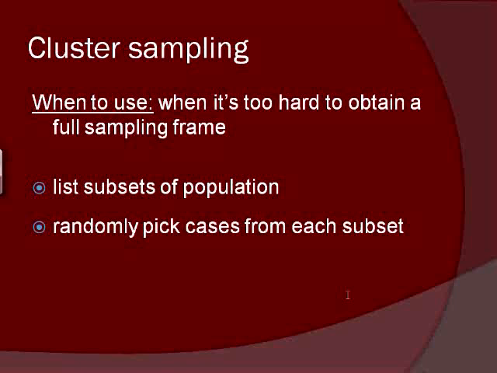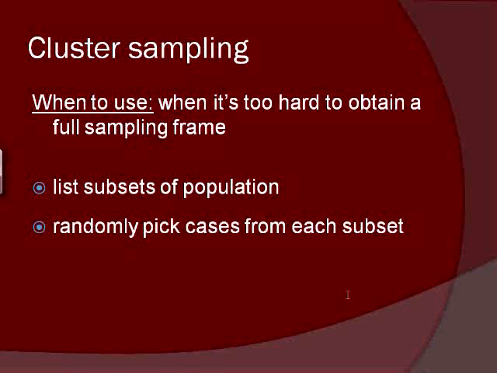So just to summarize what we did: because it would have been extremely difficult to build a valid sampling frame of all of the students in the United States, we created a valid sampling frame of all of the 50 states. We pulled a few states randomly from that sampling frame. Then in each state, we obtained valid sampling frames of counties. Then from each of those, we selected just a few counties randomly.